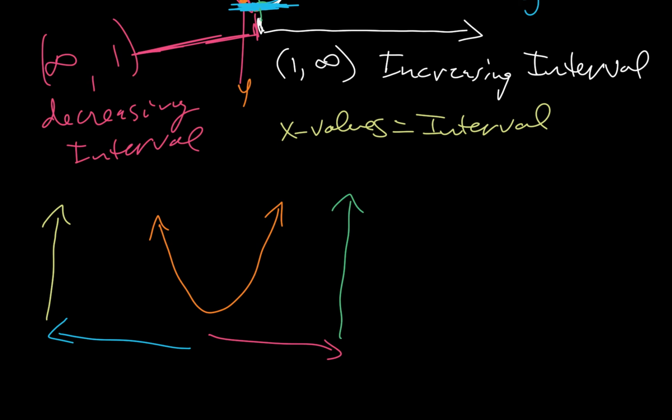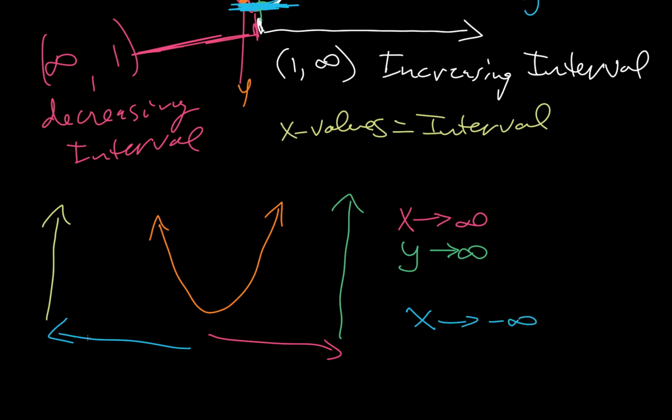The way that we actually write this is we ask the question, what happens as x approaches infinity? That's what the pink is saying. And the answer is y approaches infinity. So what happens when we go to the right? We go up. The other one is, what happens as x approaches negative infinity?